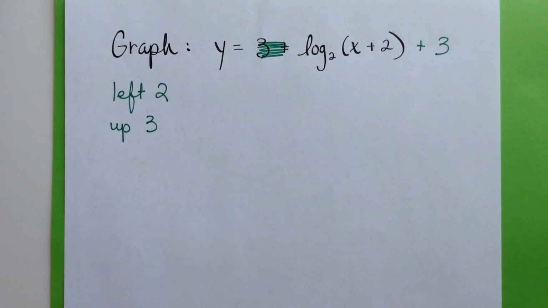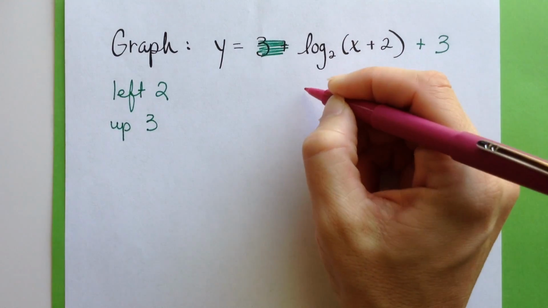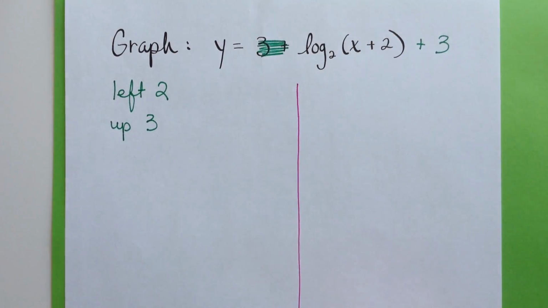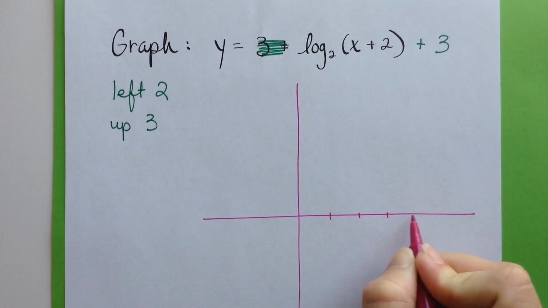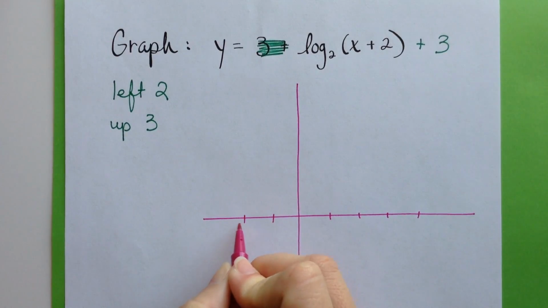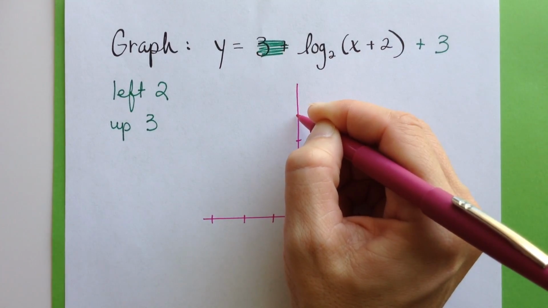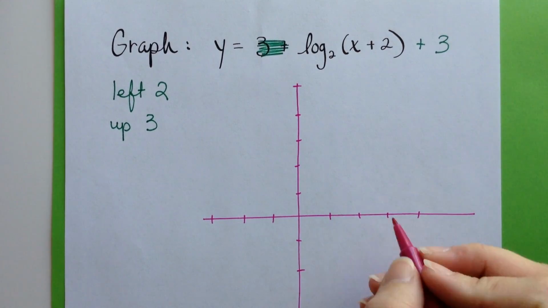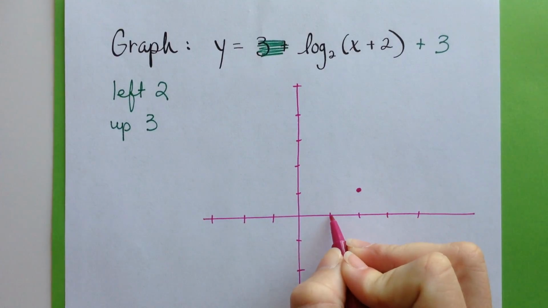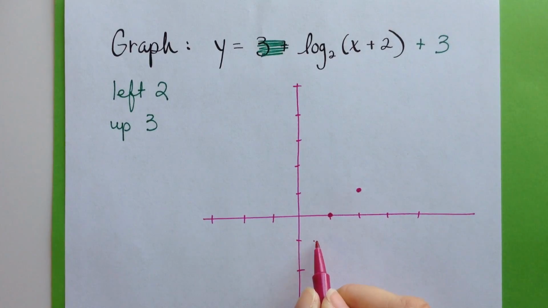Okay. So let me put in the points that I had a while ago. Going back to that first one, I'm going to use the points 2, 1; 1, 0; and 1/2, negative 1.